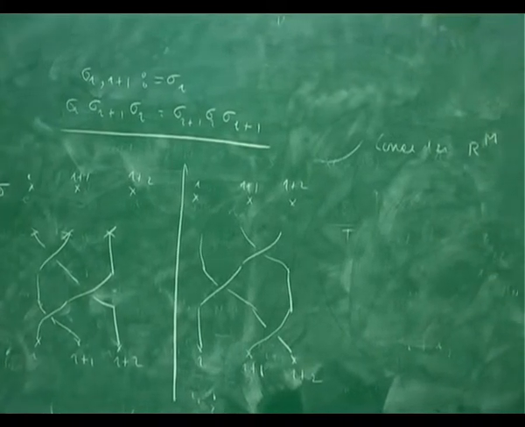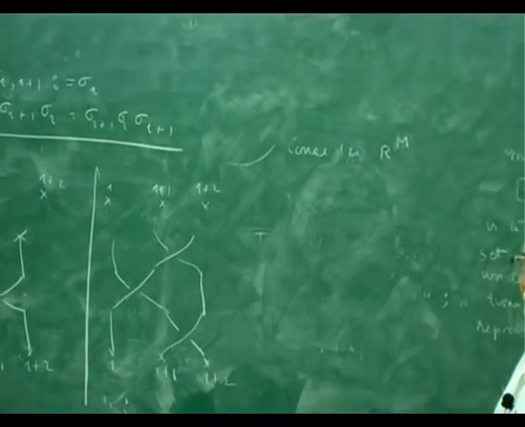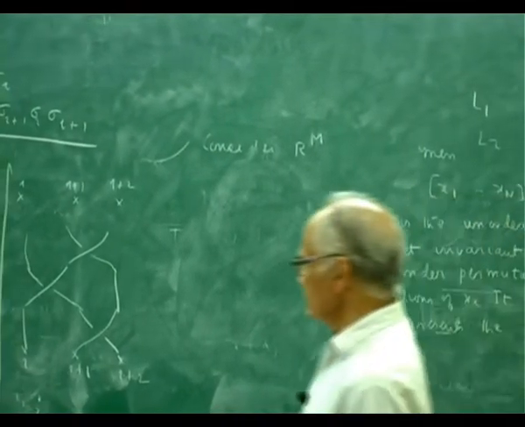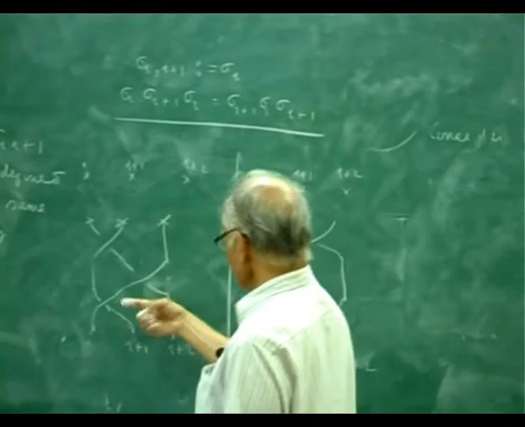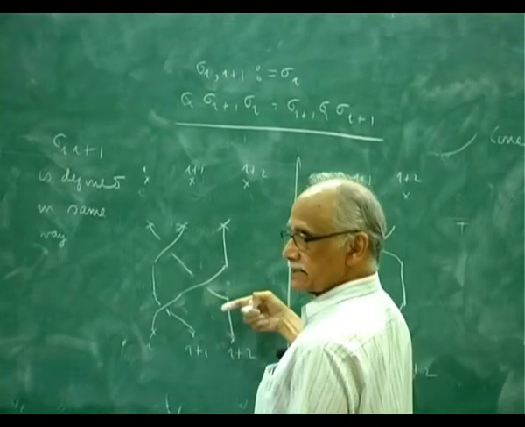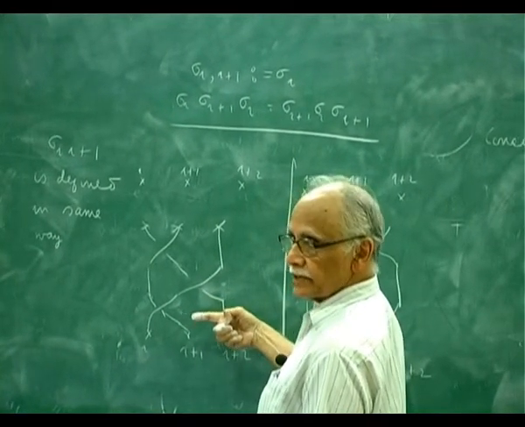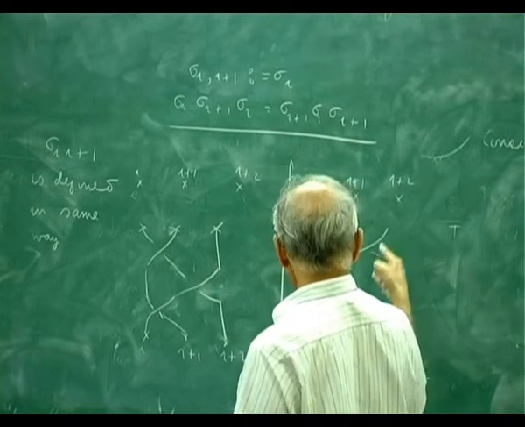If you stare at this, you can see that these two loops are the same up to homotopy. For example, this loop goes over both the others. This one also does the same.